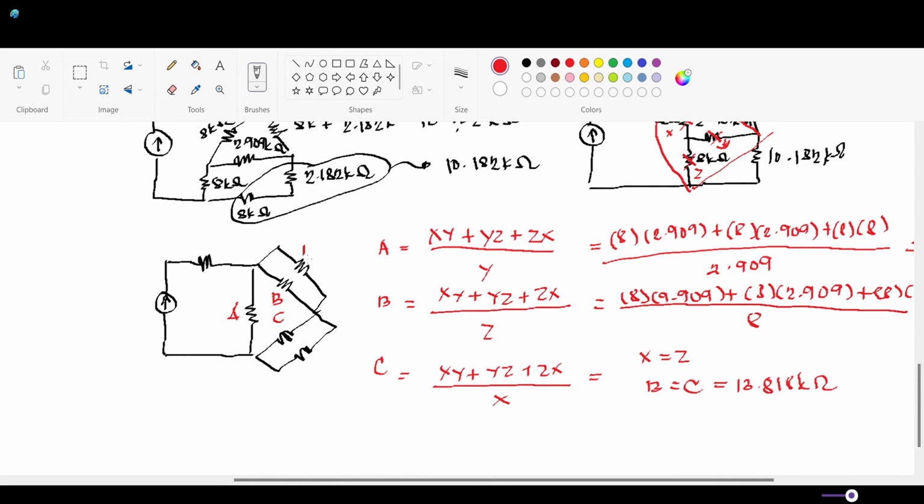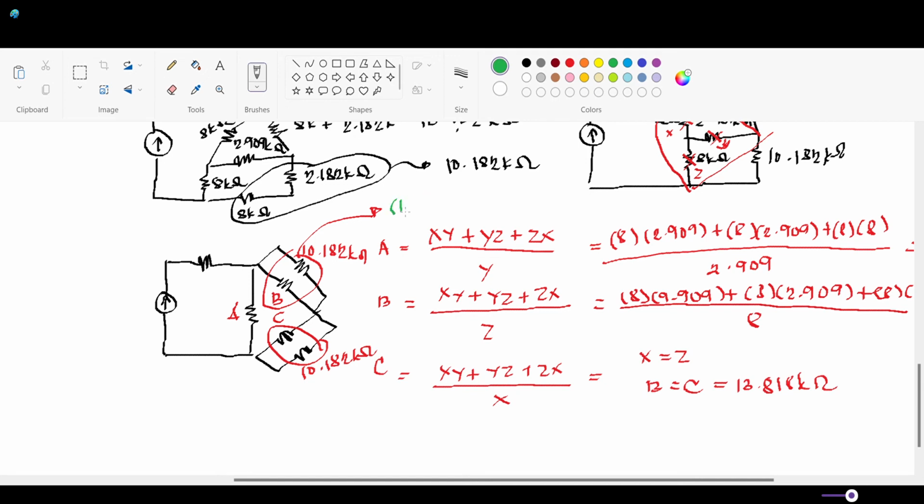This is 10.182 kilo ohms and 10.182 kilo ohms. It is very obvious that 10.182 kilo ohms is in parallel with B, and C is also in parallel with another 10.182 kilo ohms. So solving for this, if we solve for this one, that is, our B is 13.818. Okay, let's change other color.